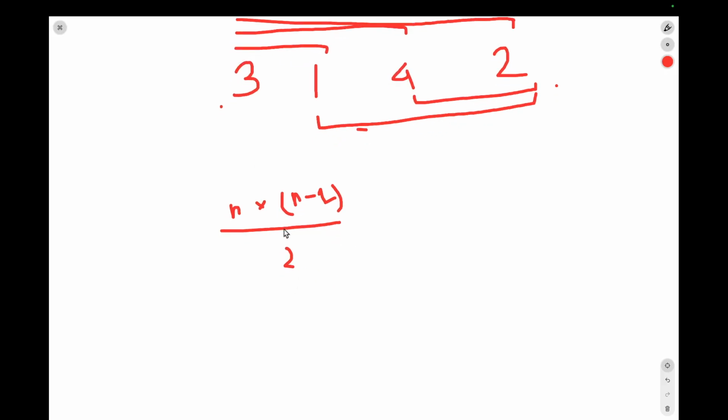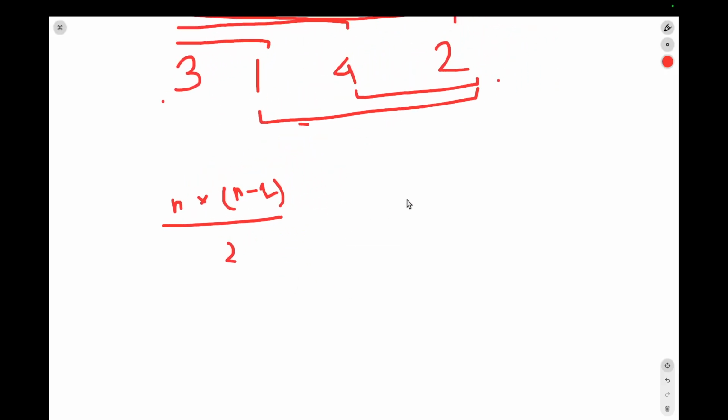Let's say you have an array like this, 3 1 4 2. This is a valid subarray, this is also a valid subarray, and this is also a valid subarray.